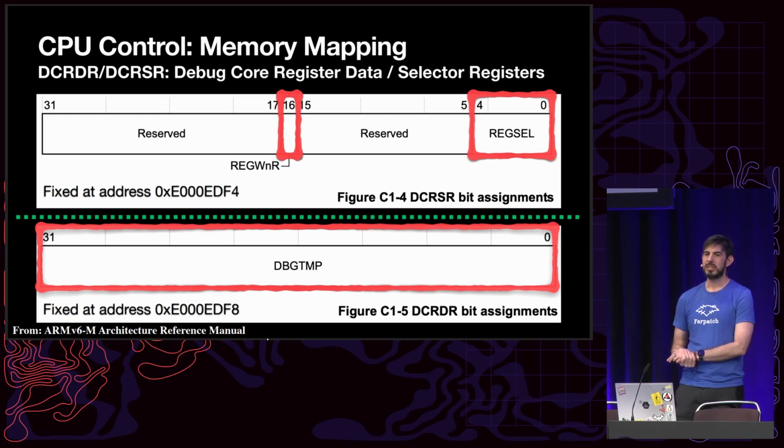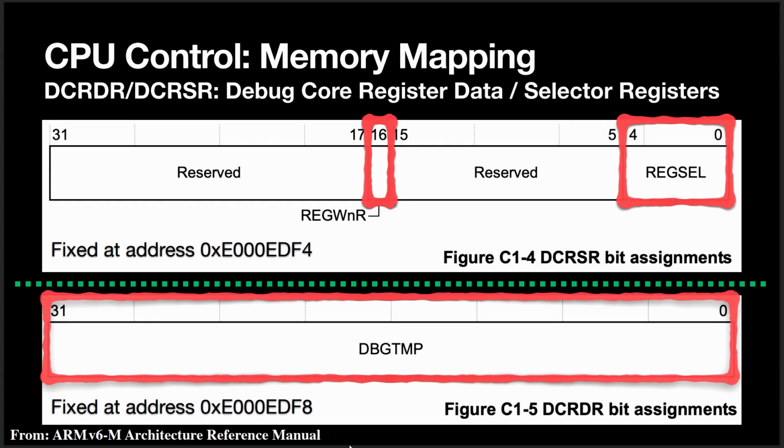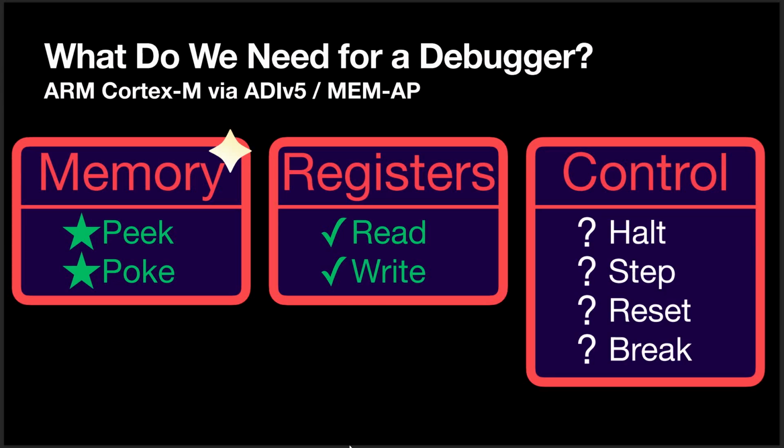And then by setting the bit in REGWNR, you can either read the value into debug temp or write the value that you've previously written from debug temp into the CPU. And so with this, we now had the ability to read and write registers. That was a lot faster than getting memory working. Just memory accesses at that point.